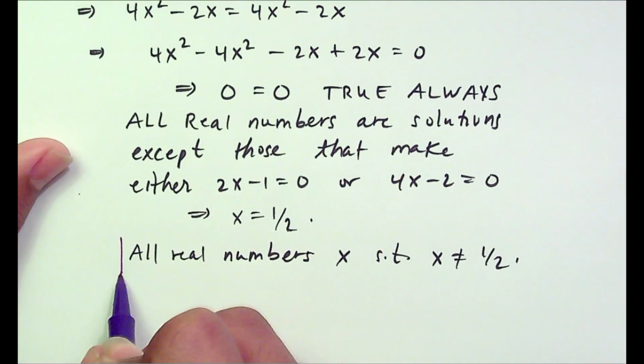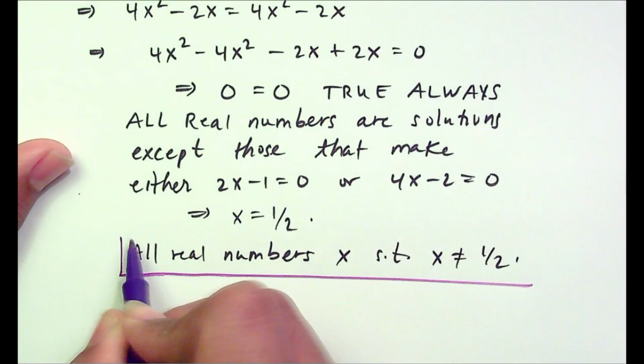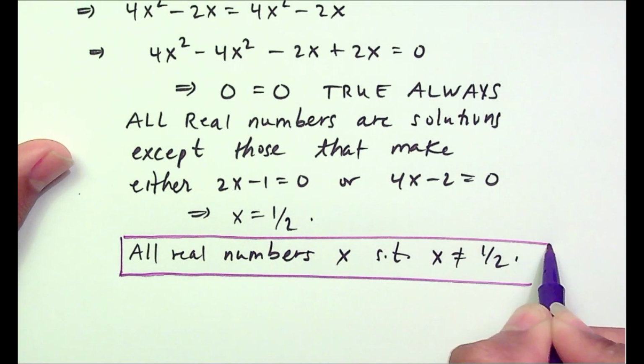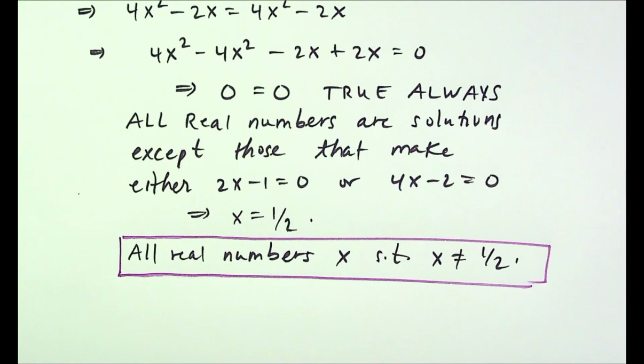All real numbers that are different from a half, in this case. Now, another thing that could happen, so in this case, you get 0 equals 0. That's a true statement always, so it means every single real number is a solution, except the obvious ones that need to be discarded.